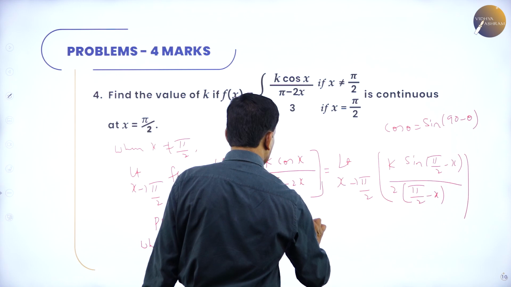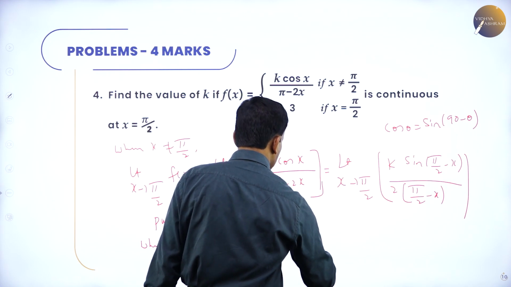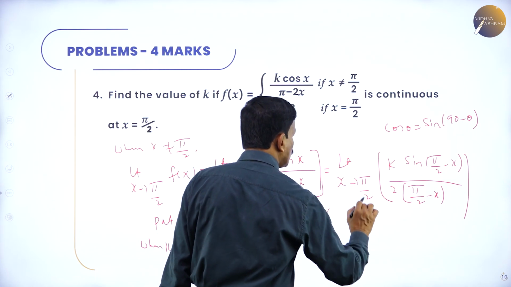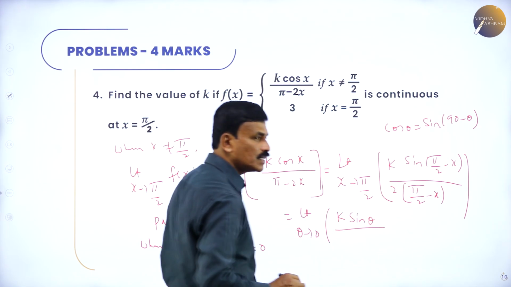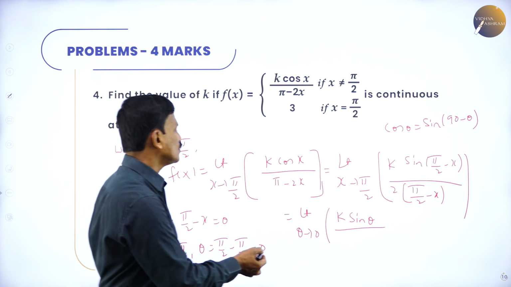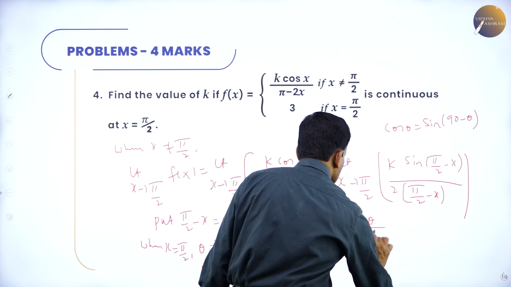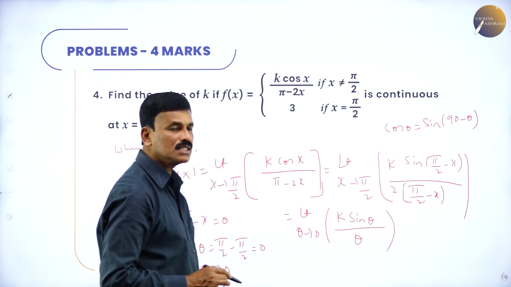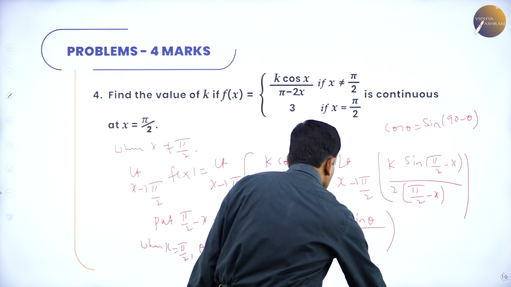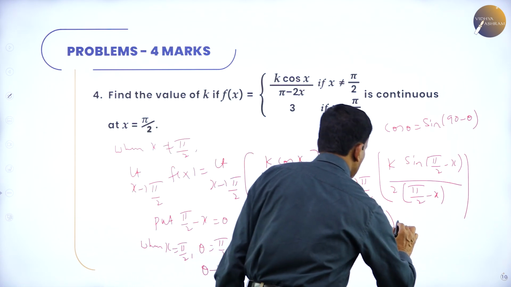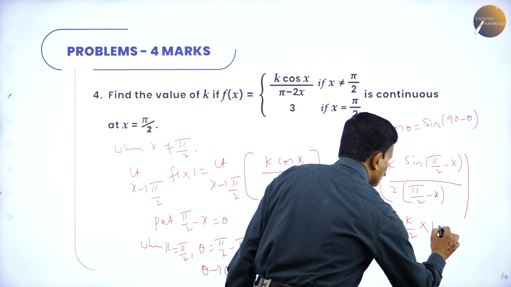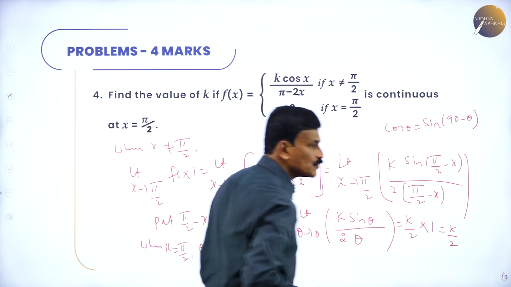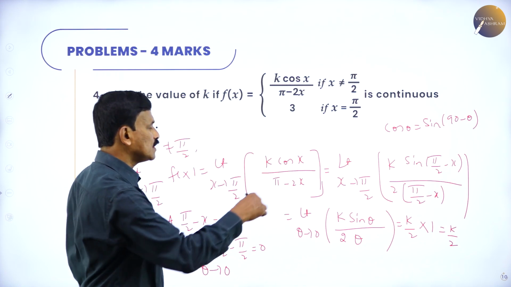This becomes limit theta tends to 0 of k as it is, sin of pi by 2 minus x is theta, sin theta divided by 2 times pi by 2 minus x, which is theta. Now, you can take k by 2 as the common factor, and what is sin theta by theta? 1, that's equal to k by 2. So, the value of limit is equal to k by 2.